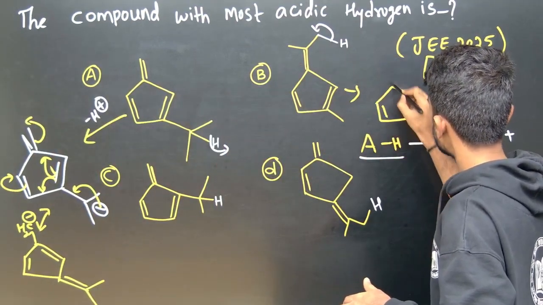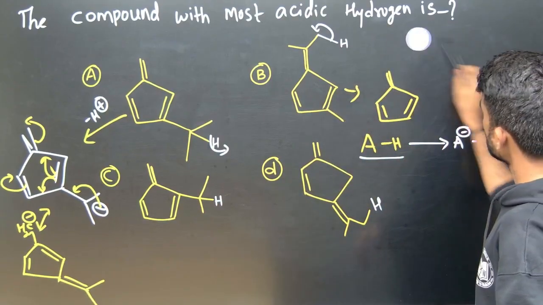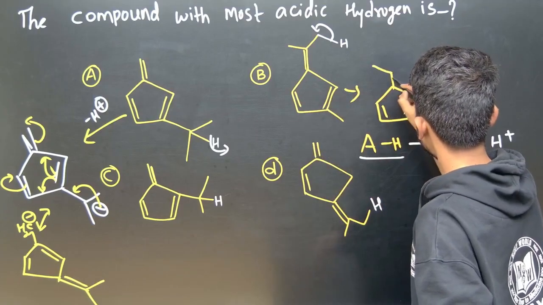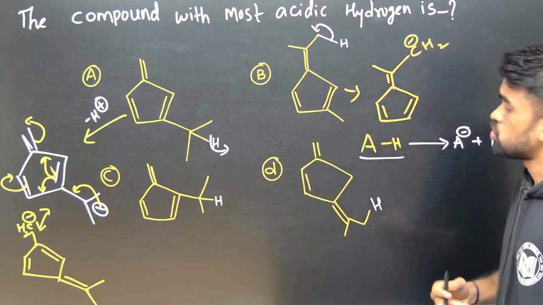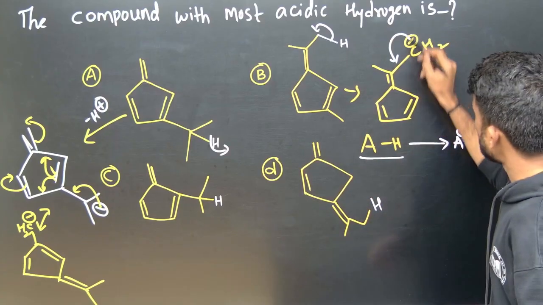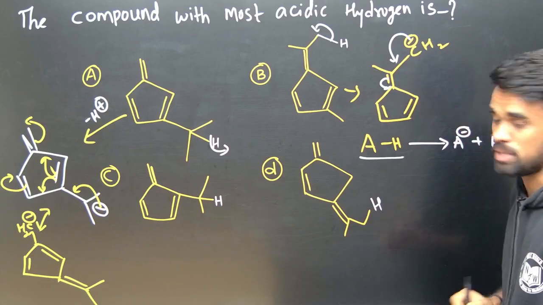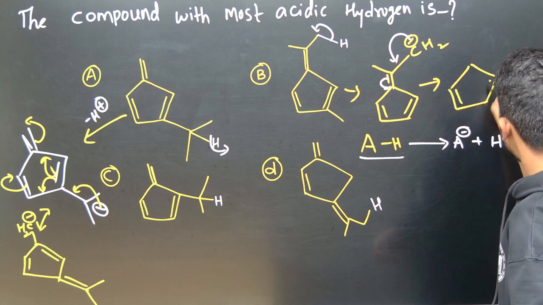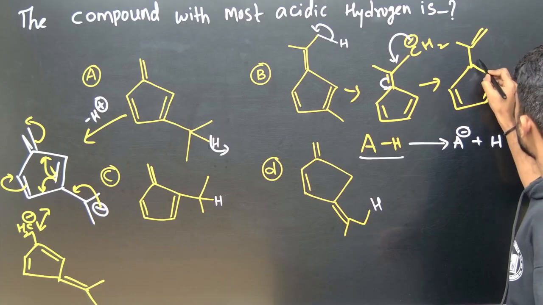Here we have the negative charge now. This can stabilize over here by conjugation, and when it shifts here, this pi bond will shift onto this carbon, the center junction carbon of this 5-membered ring, so that we have something like this: a double bond here and the negative charge here.